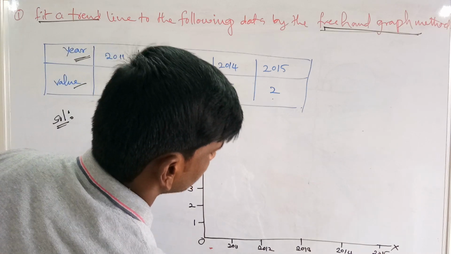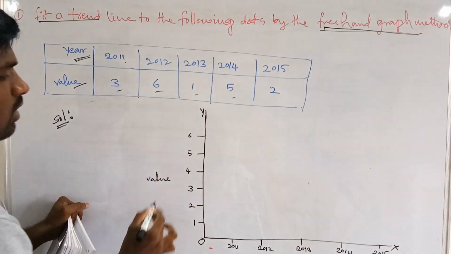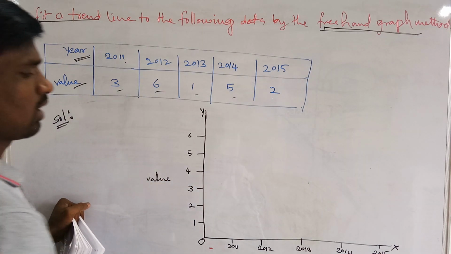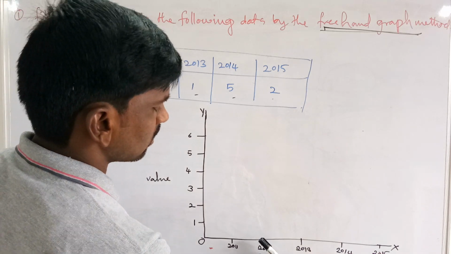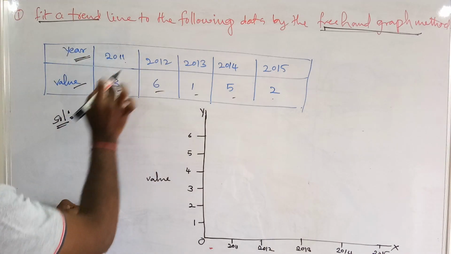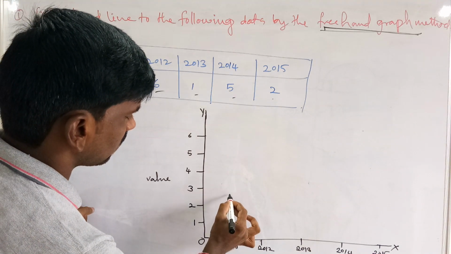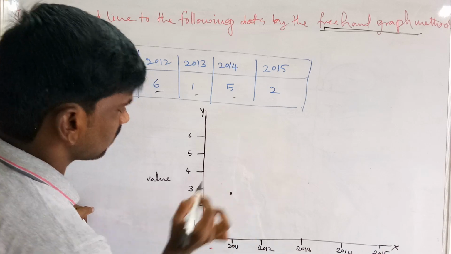Okay, this is the time, in years, and this is the values. So in the year 2011, the value is 3, so it comes here.